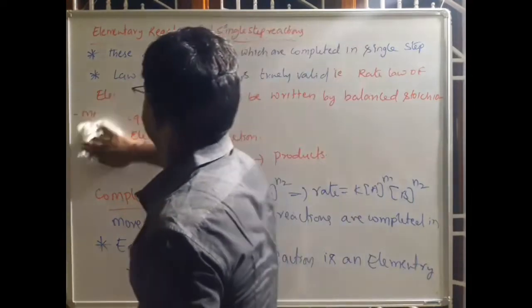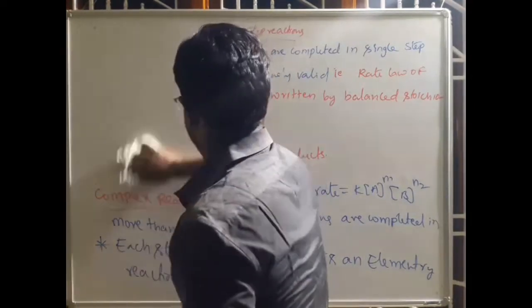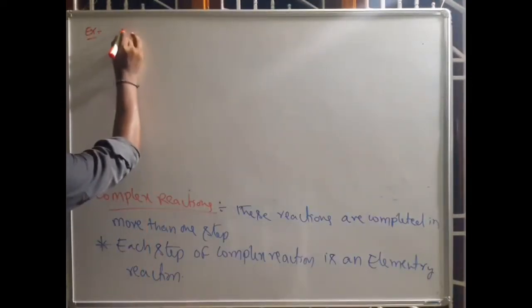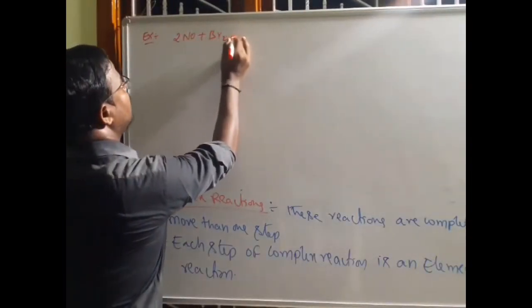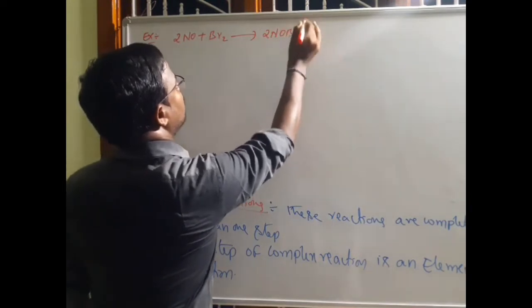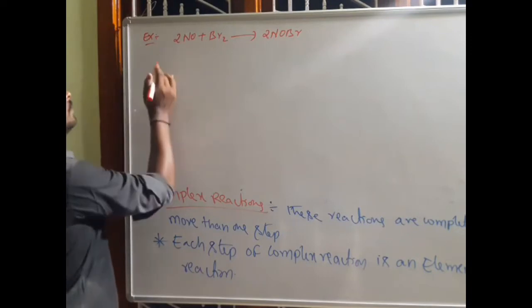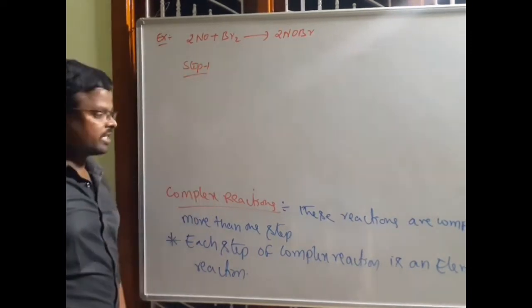Now see some examples. 2 moles of NO reacts with Br2 and gives 2 moles of NOBr. It is a complex reaction.